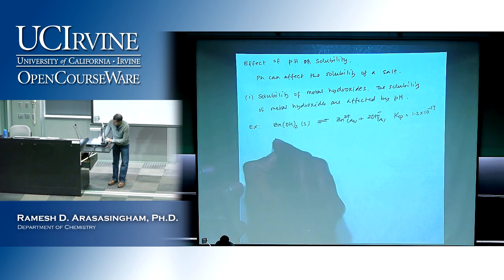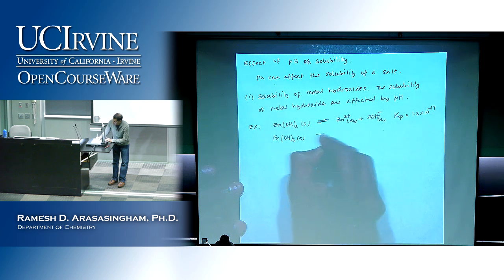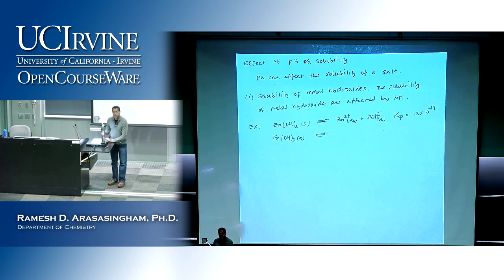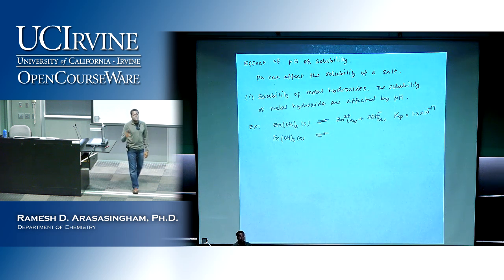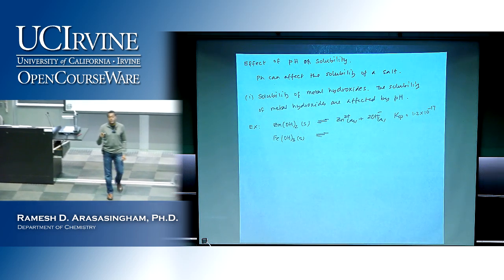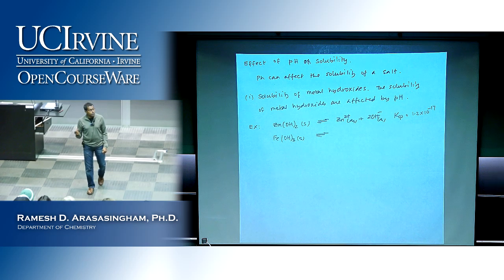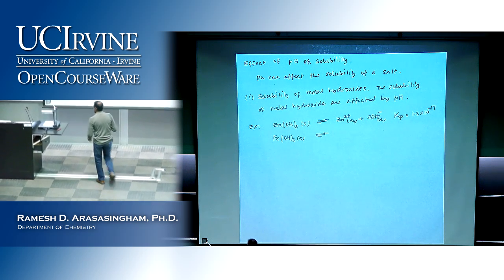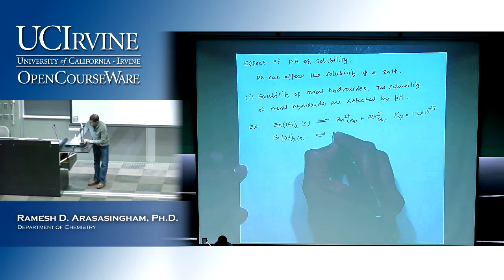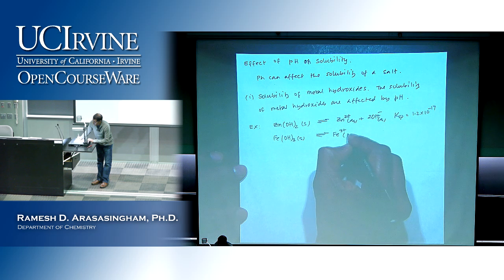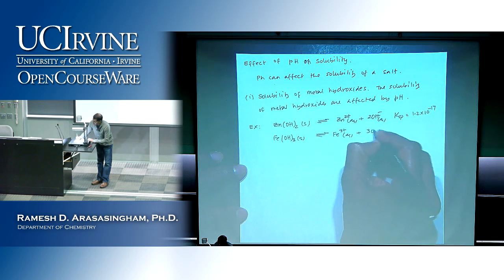If you take another hydroxide like iron hydroxide, this will establish an equilibrium. See, there are 3 hydroxides attached to this ion. So what is the charge on that ion? 3 plus, all right? So this would be iron 3 plus, and we have 3 hydroxides.